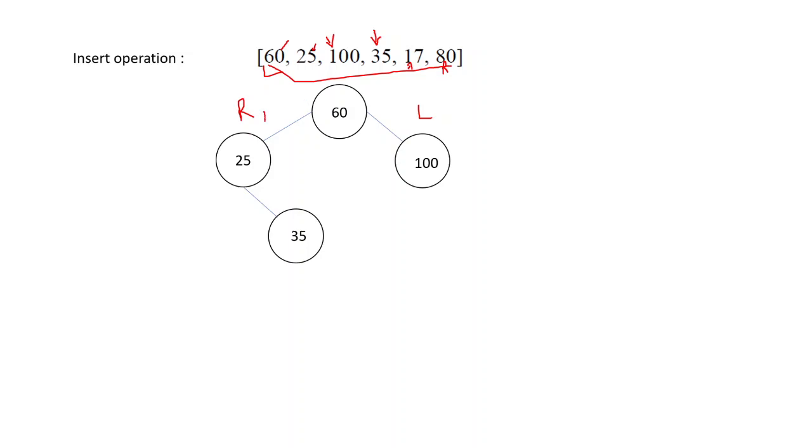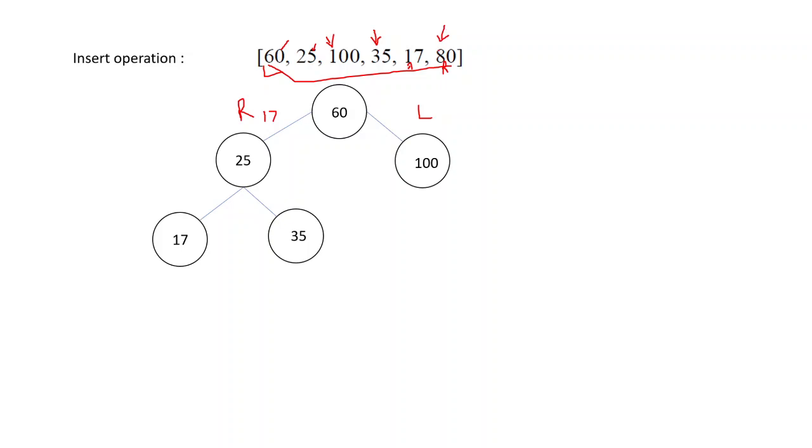So now you will have to compare the value of 17 and 25. Since 17 is less than 25, it will have to be placed at the left part of node 25. Since 25 still doesn't have any left child, 17 is assigned as the left child of 25.